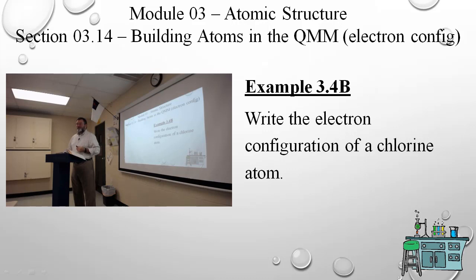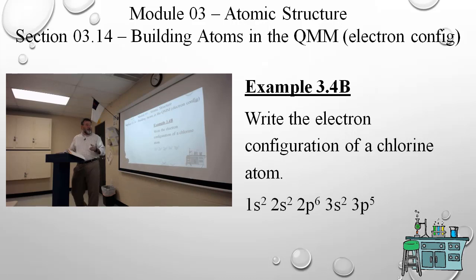We need to place 17, so we need to place 5 more. And what is the next orbital to be filled? The 3p, right? 1s2, 2s2, 2p6, 3s2, 3p5. 3p5, because we don't need all 6 positions, we only need 5 of them.